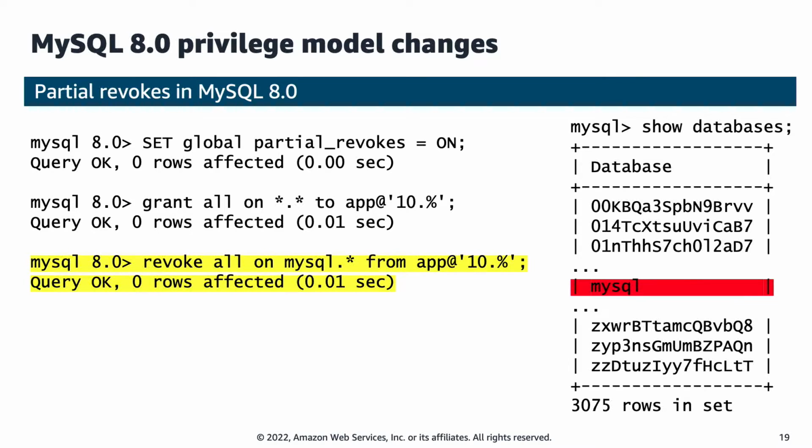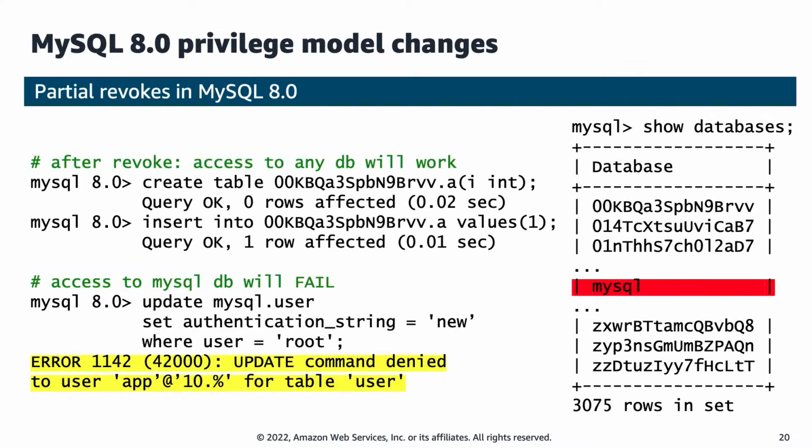After I set partial revokes on, I can grant everything to my application user. And then on top of that, I can revoke all on the mysql system database. So then mysql will be protected. And let's try this escalation bad stuff now.